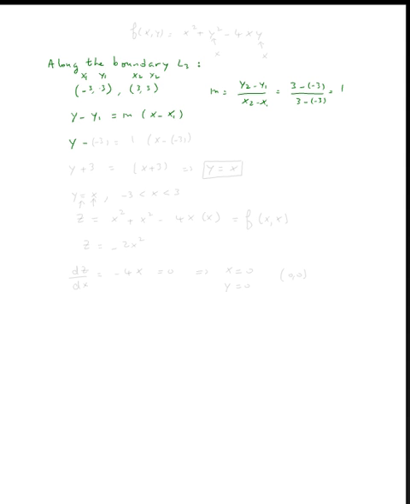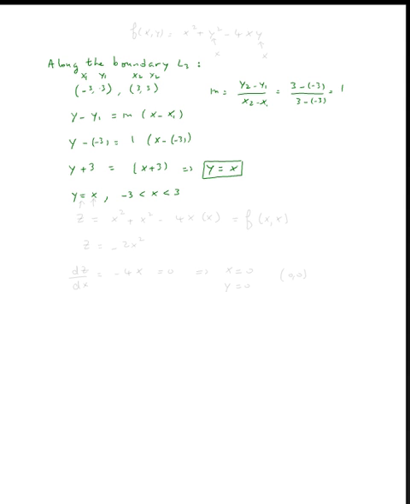So y minus y1 is equal slope, which is 1, times x minus x1. So this will be y plus 3 equal x plus 3, which means y is equal x plus 3 minus 3, y equal x. So the equation of the boundary L3 is y equal x, and x is between negative 3 and 3.